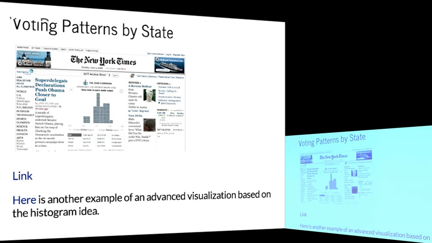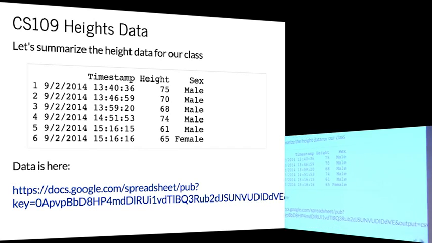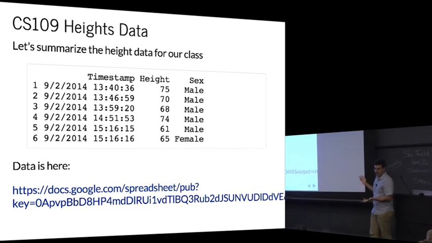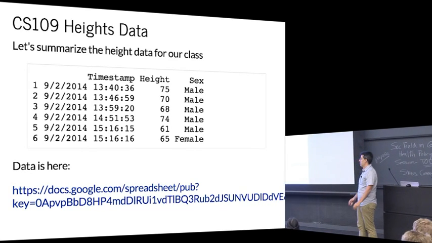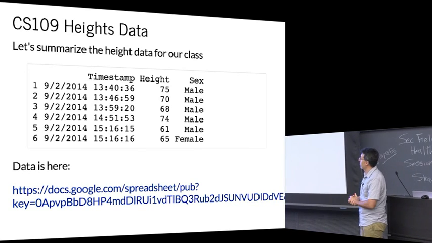All right, so now, the heights that you entered the other night, we're going to go through this very quickly so you can see the types of things you can do with data summaries and visualizations. It's not very interesting, this one, but it's something that is related to us, so maybe that will make it slightly more interesting.